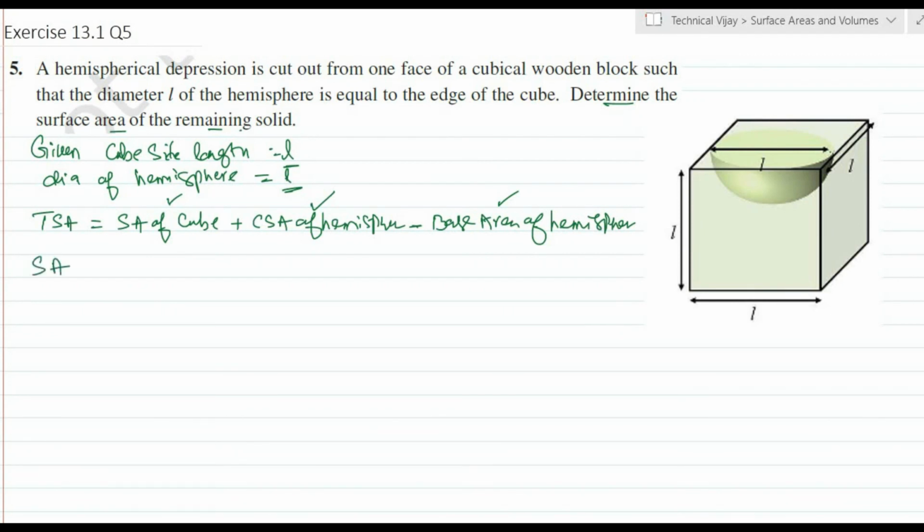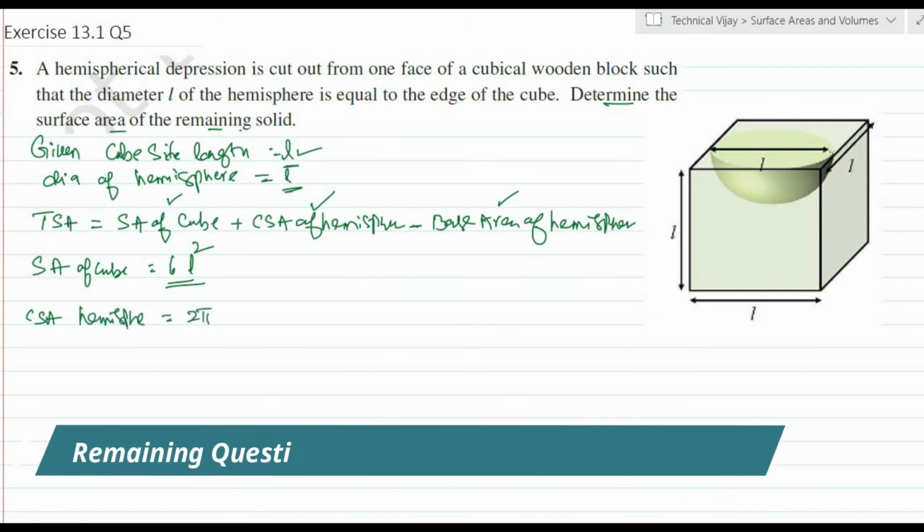The surface area of the cube is equal to 6 into side squared. Side means length L, so it is 6L square. Second, the curved surface area of the hemisphere is equal to 2 pi r square.